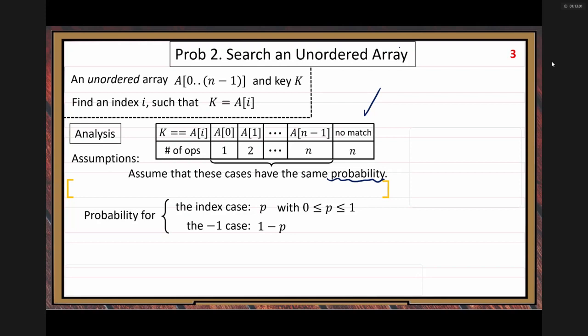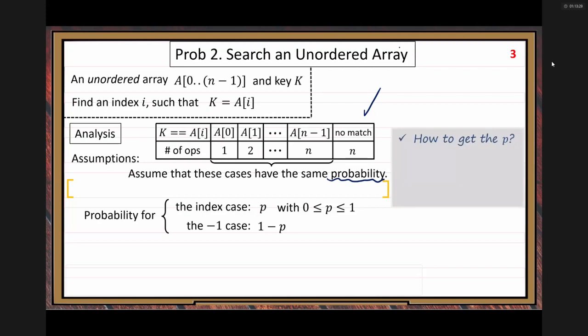So just 1 minus p for the no match case. Under these two assumptions, now we are ready to calculate average case efficiency. Let's do that calculation before we finish the lecture today.